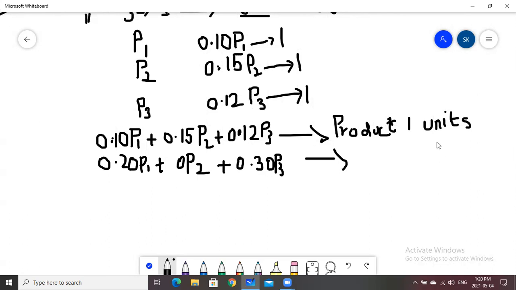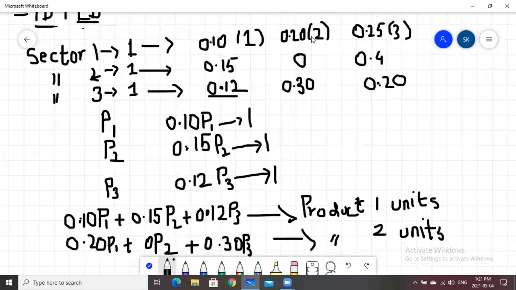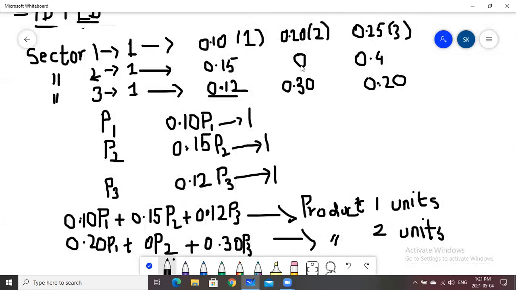These are the product 2 units. Now let me just come back over here. 0.20 P1 plus 0 P2 because of this sector, plus 0.30 P3 because of this sector, for product 2 units.